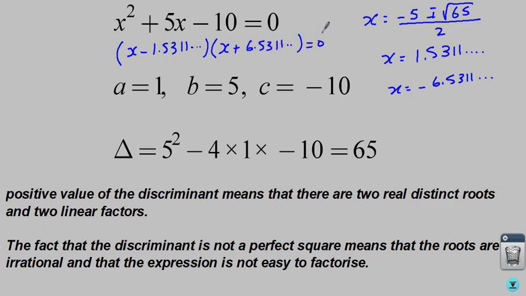There is no way that a human being can think that this times that is negative 10 and this plus that is 5. So this tells us that when the discriminant is not a perfect square, then the roots are irrational and the expression is not easily factorizable by us, even though the two factors may exist.